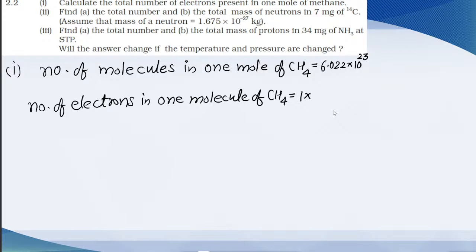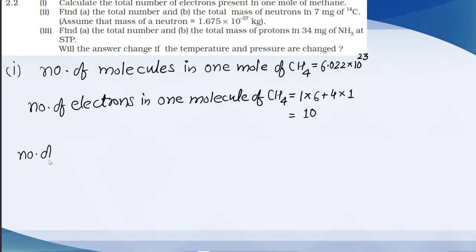And 4 hydrogens and 1 electron for each hydrogen. So the total number of electrons in 1 molecule of methane is equal to 10.